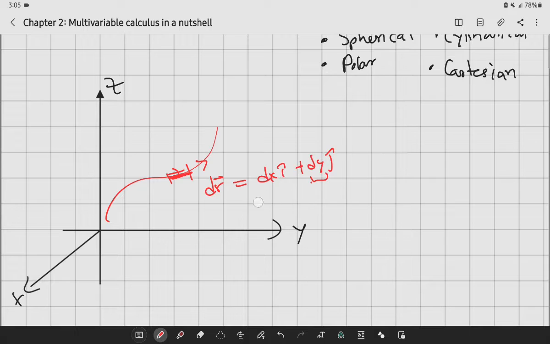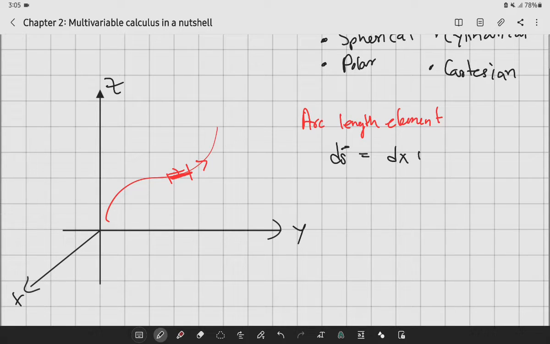The idea is exactly the same here. An arc length element is what we call this. The vector arc length element is simply ds equals dx i hat plus dy j hat plus dz k hat in the Cartesian coordinates.